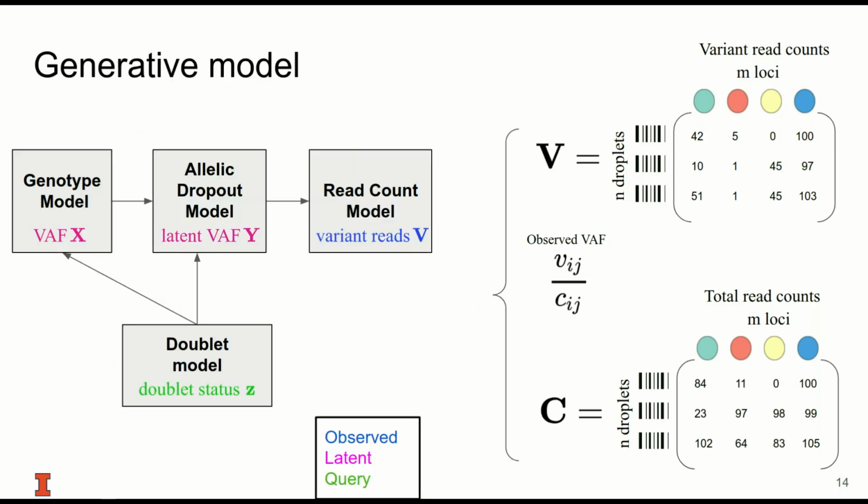Our generative model consists of 4 submodels. We have the doublet model, which models the doublet status, the genotype model, which models the variant allele frequency in the droplet. Then we model the common challenge of allelic dropout and the latent VAF that arises as a result of that process, followed by the generation of sequencing reads in the read count model.